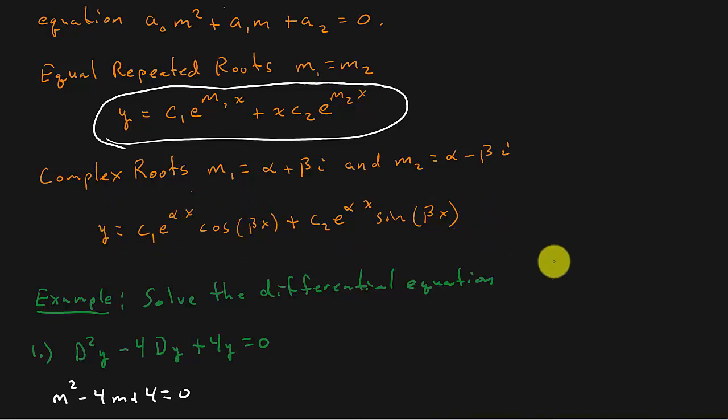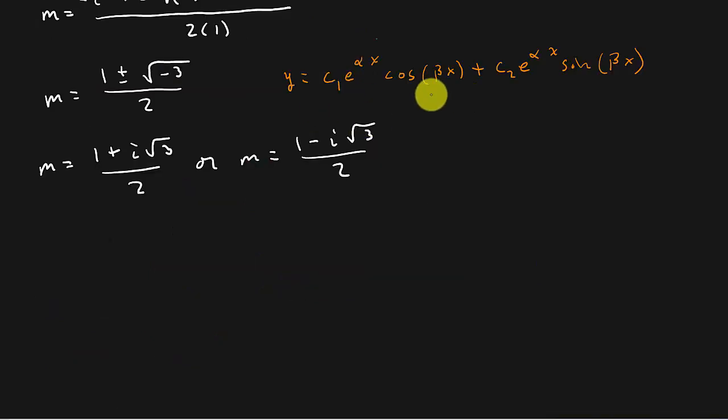And I'm going to copy this and bring it down. All right, so I've got it copied down here. So we've got to determine what alpha and beta are. And remember, this is your solution where m is alpha plus or minus beta i. Okay, so you don't have to do this, but if it helps you, do it.